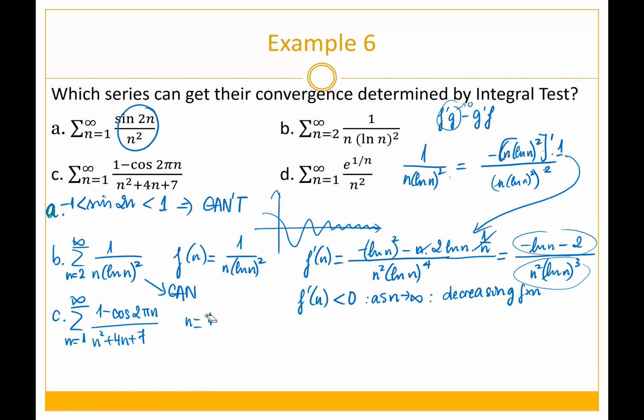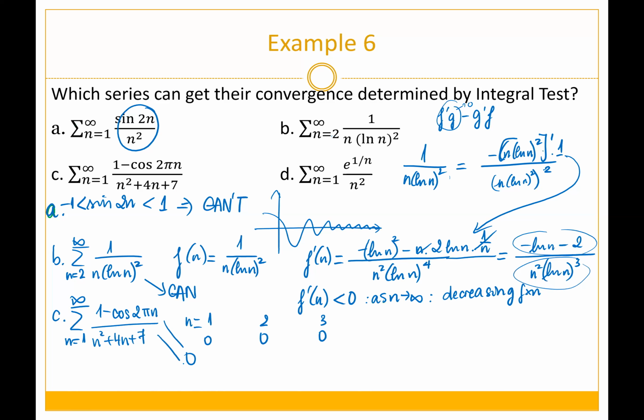And then you have n equal to 2: 1 minus cosine of 4 pi is going to be 0. And you have 1 minus cosine of 6 pi, which is again going to be 0. So every term in this sequence is 0.